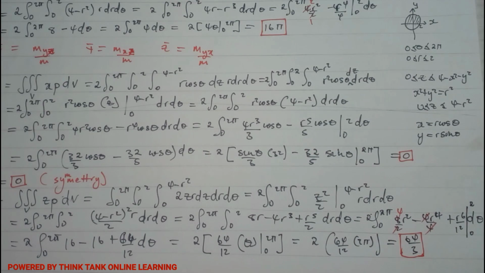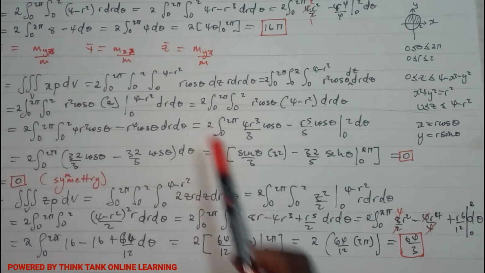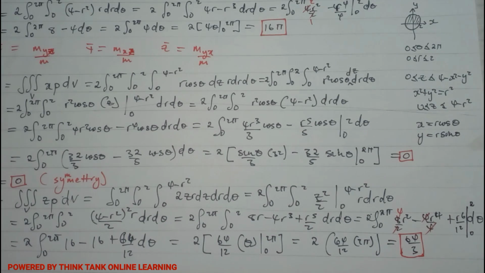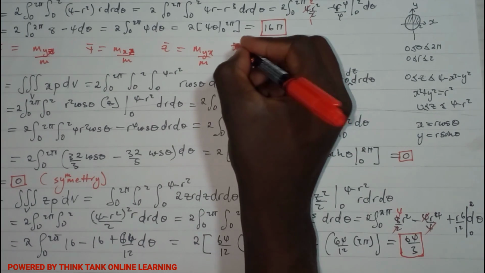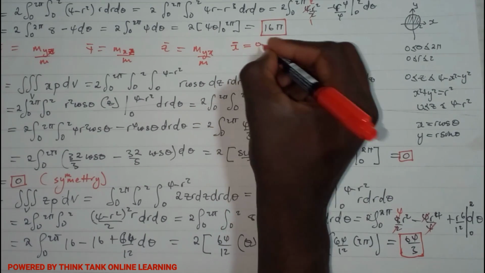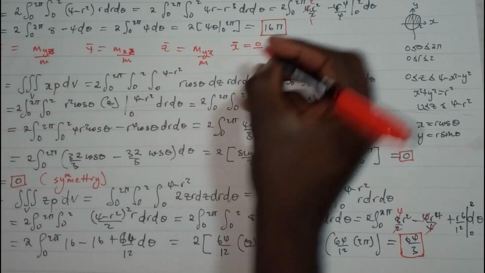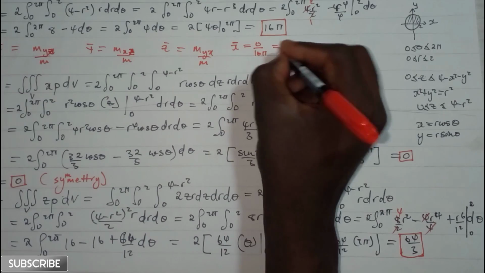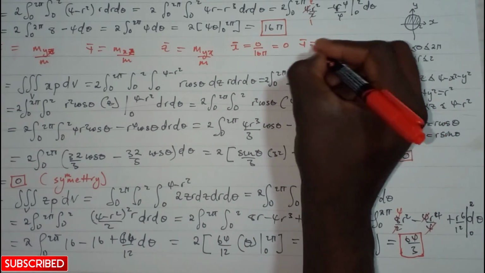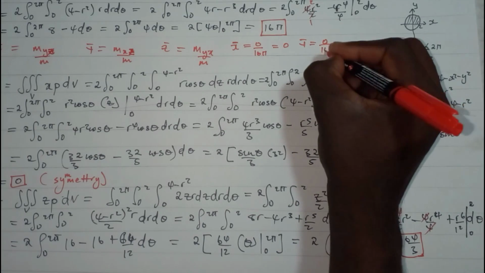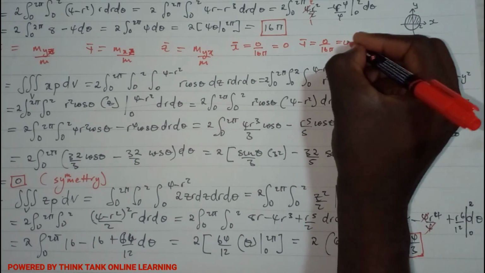Now to find the coordinates for the center of mass, we're going to use this formula. Since I'm running out of space, allow me to perform x bar here. So x bar equals 0 over the volume, which is 16 pi, and that is equal to 0. Then for y bar, we get 0 divided by 16 pi, which is equal to 0.